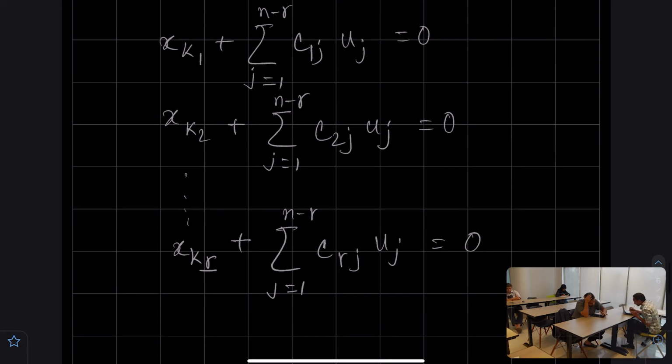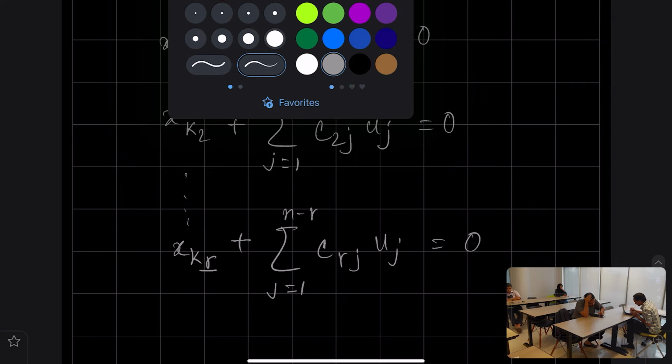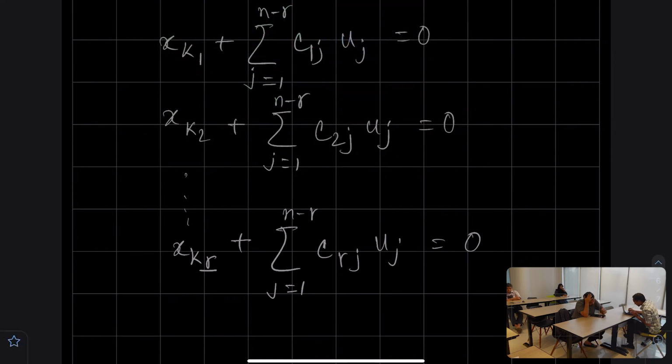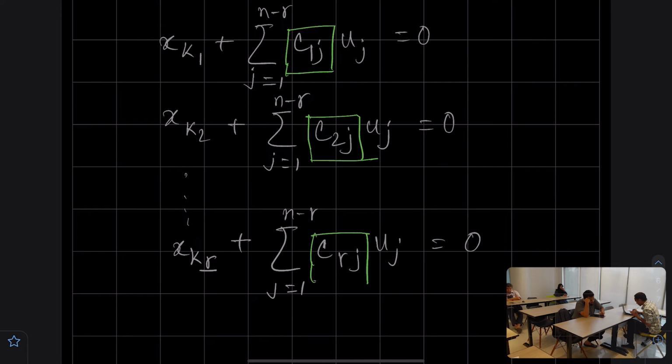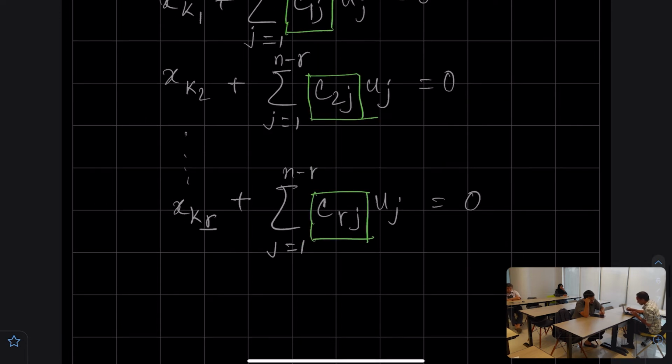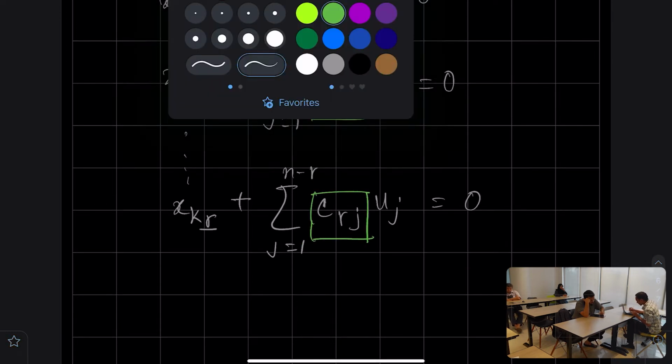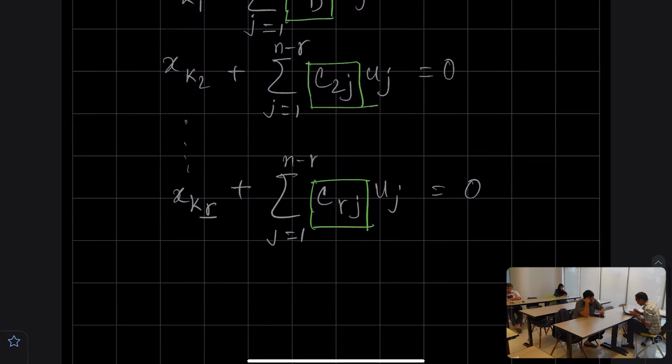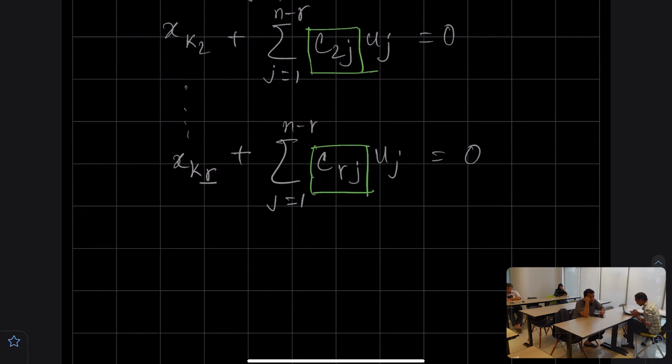So what are these, c1j, c2j, and in general cij?